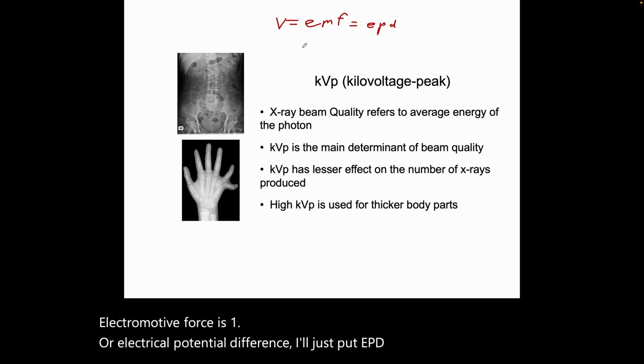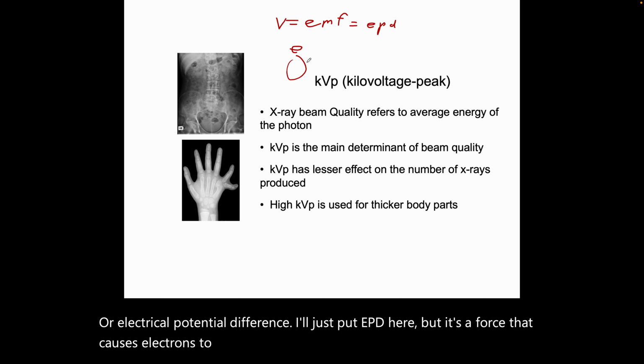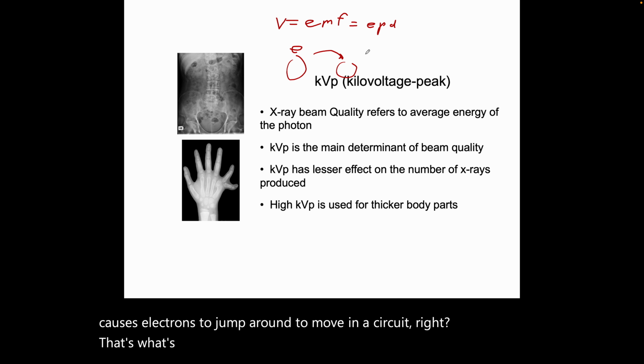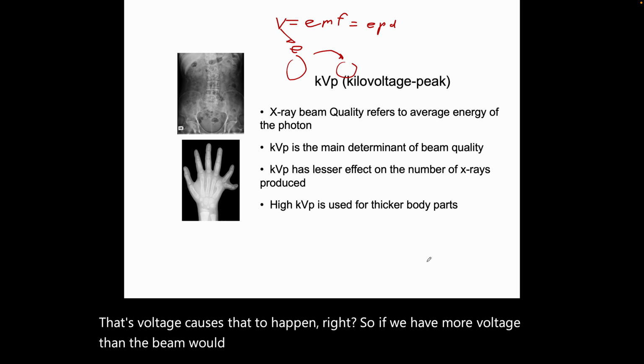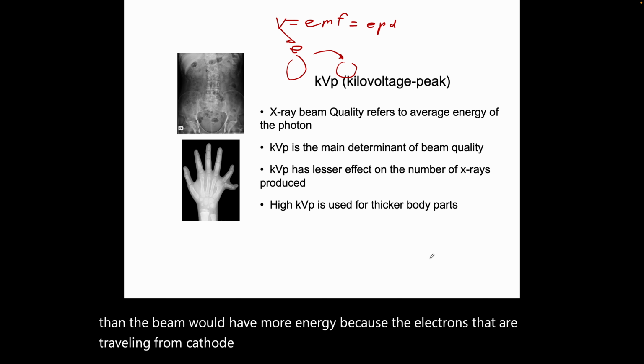But it's the force that causes electrons to move in a circuit, right? That's what voltage causes to happen. So if we have more voltage, then the beam would have more energy, because the electrons that are traveling from cathode to anode would have more kinetic energy.